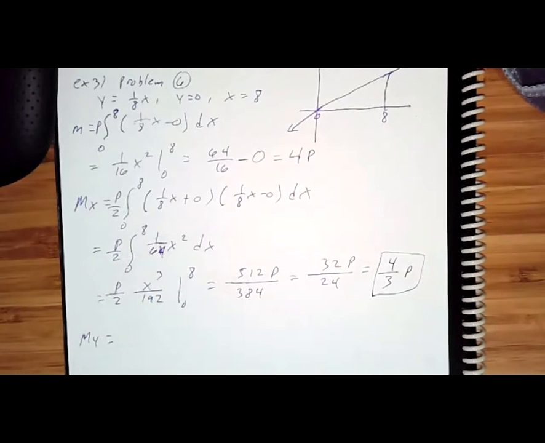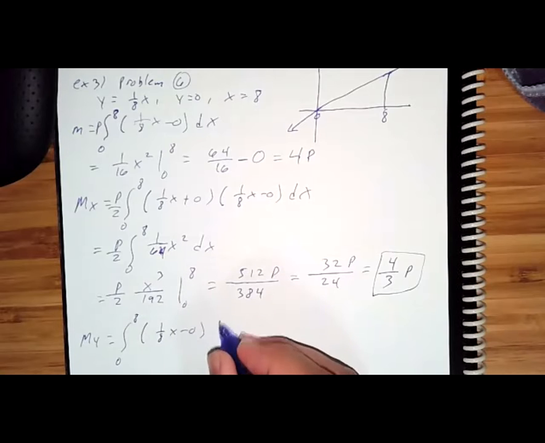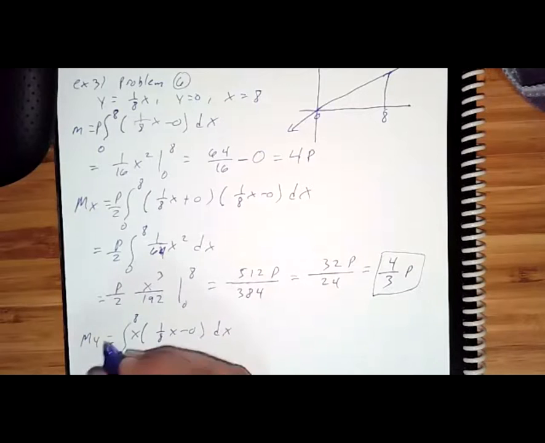What is the formula for my? It's x times f of x minus g of x. So integral from 0 to 8 of f of x minus g of x, times x, right? Yeah, all that times x, p.